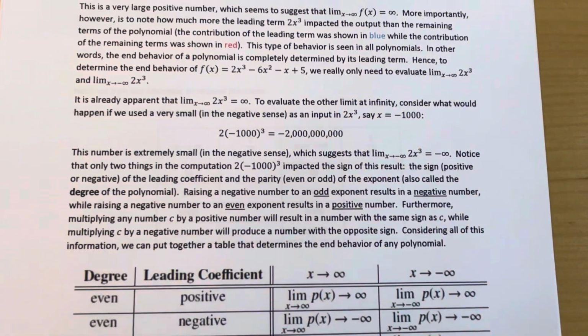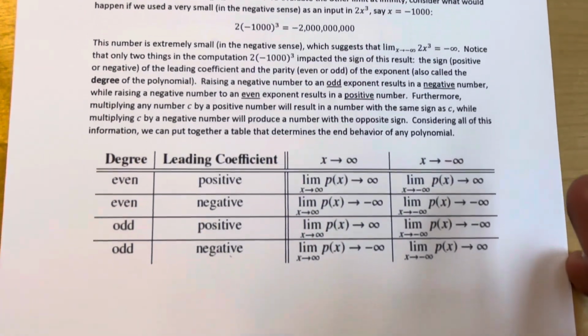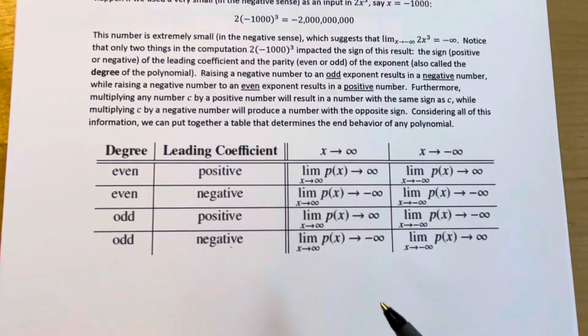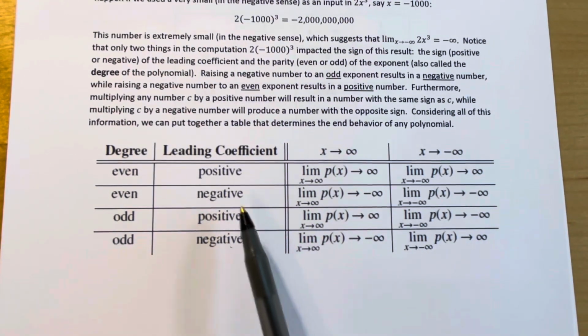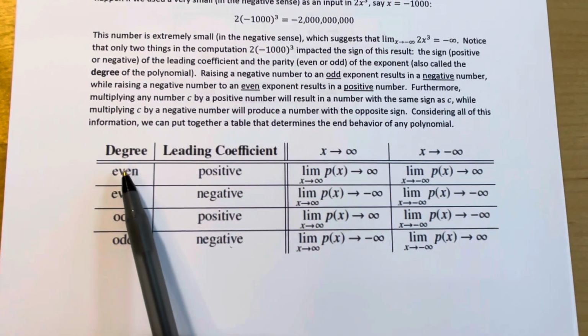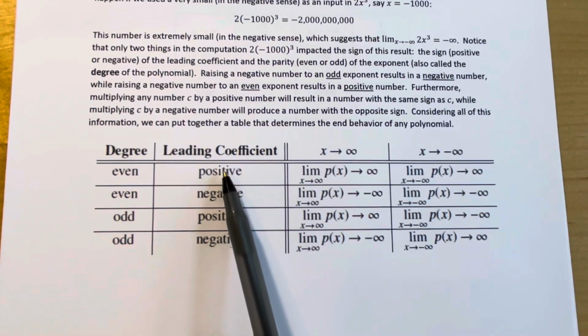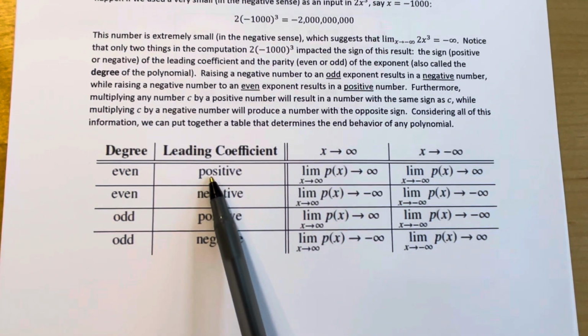When we group up all of that information, it gives me this table down here where I can now predict what the end behavior of a polynomial is going to be. So putting these things together, I considered the degree of the polynomial and the leading coefficient of the polynomial.